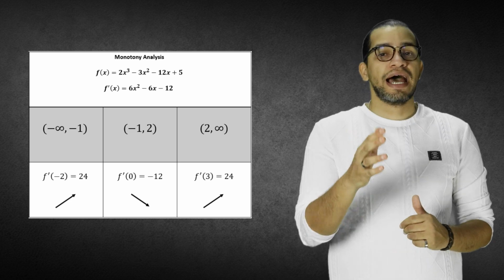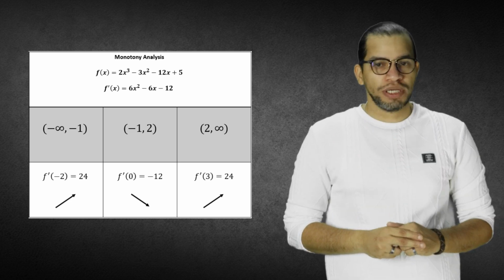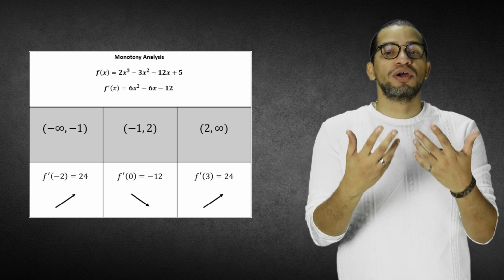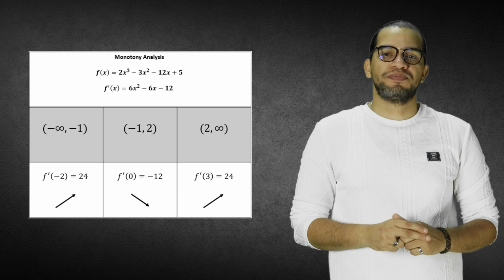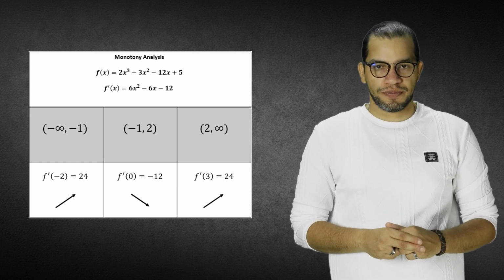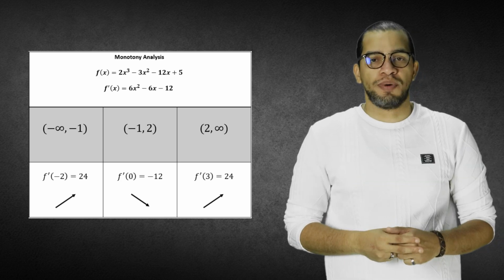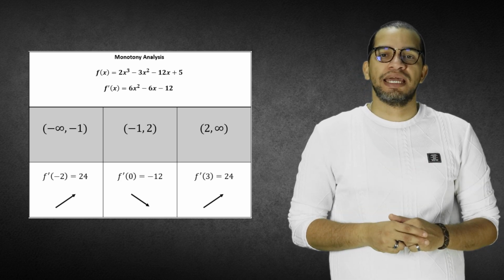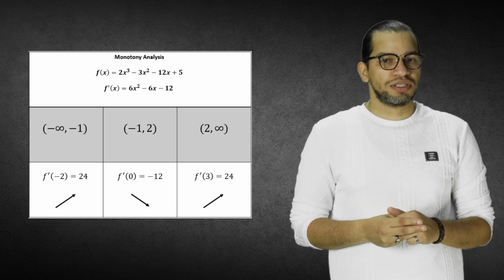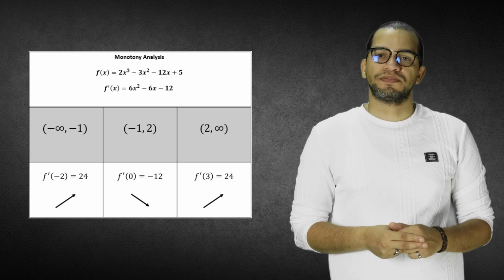Now, in the first interval, we're going to take the value of x equals -2 and we're going to plug it in f prime. If we do so, we get the result 24. And as 24 is positive, we can say that the function f of x is increasing in the interval minus infinity to -1.